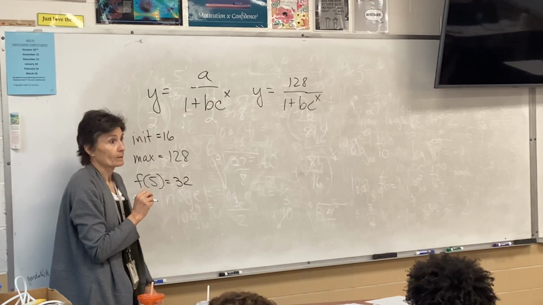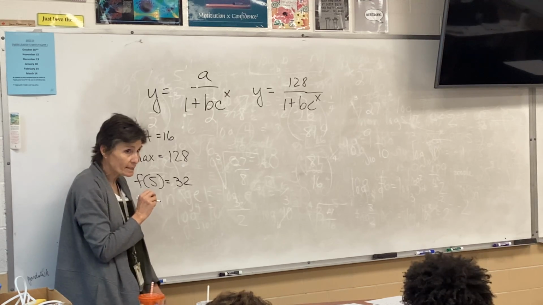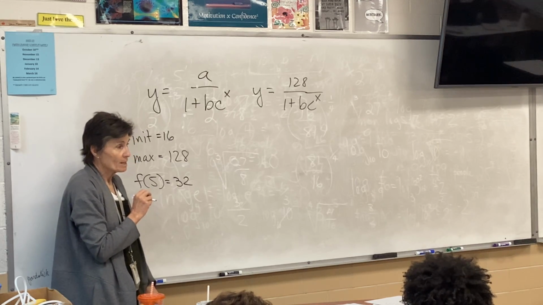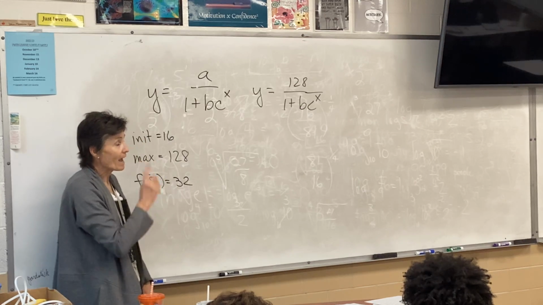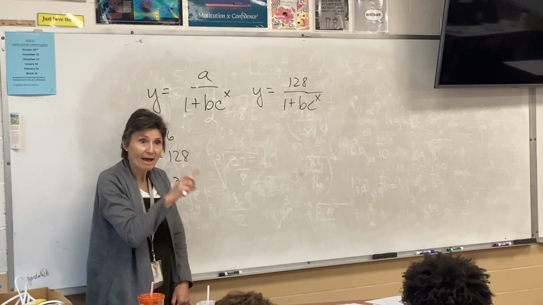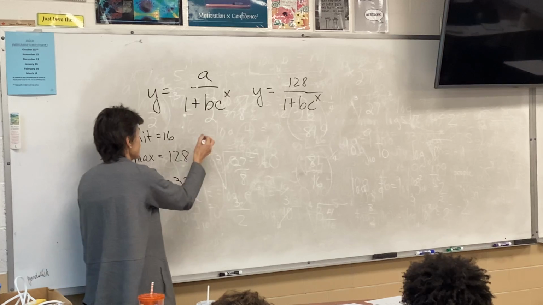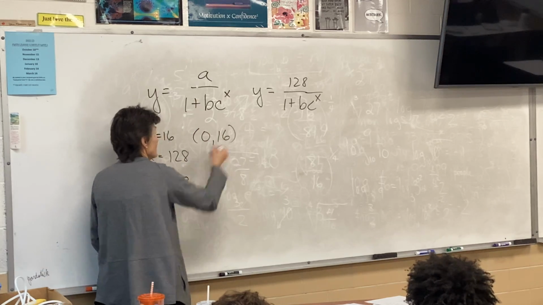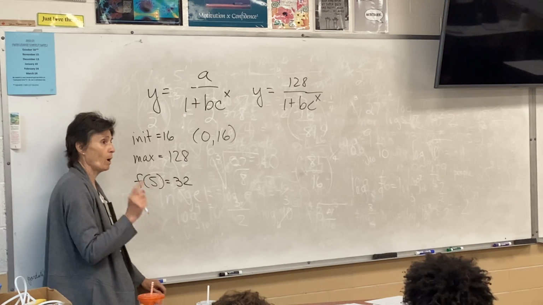Now, remember that just like with exponentials, the initial value is the value of the function when x is 0. At the beginning, when x is 0. So this is the same as the point (0, 16). The initial value is always the y-intercept.